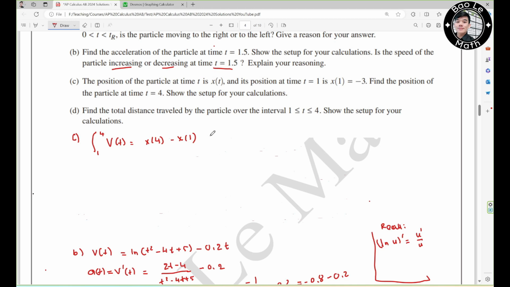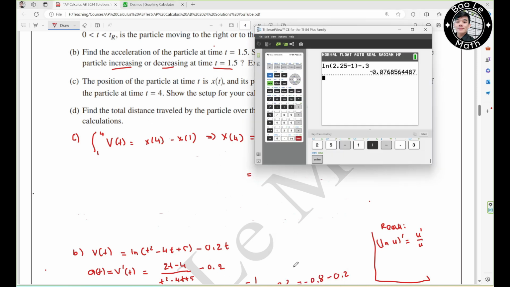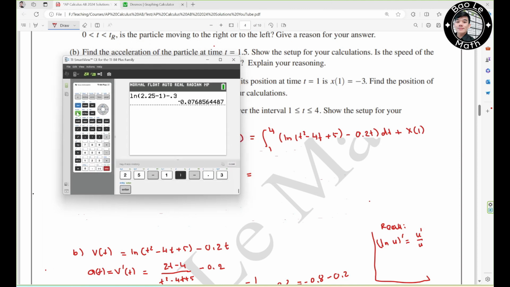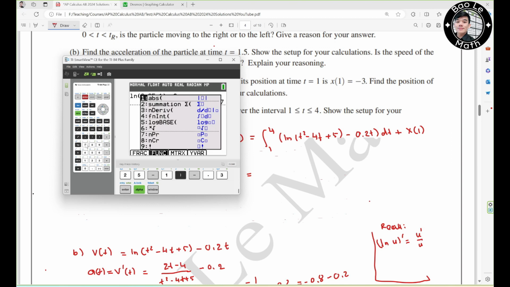Alright, so it turns out to be s(4) equals the integral from 1 to 4 of natural log of t squared minus 4t plus 5, minus 0.2t, dt, plus s of 1. Alright, so we just bring up the calculator. Alpha window number 4.